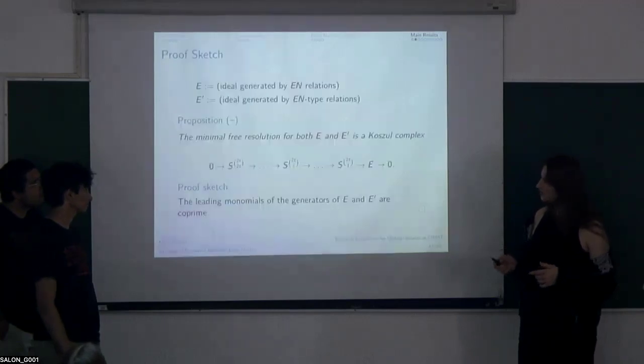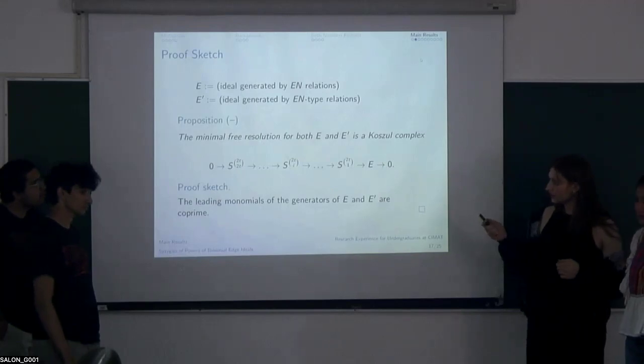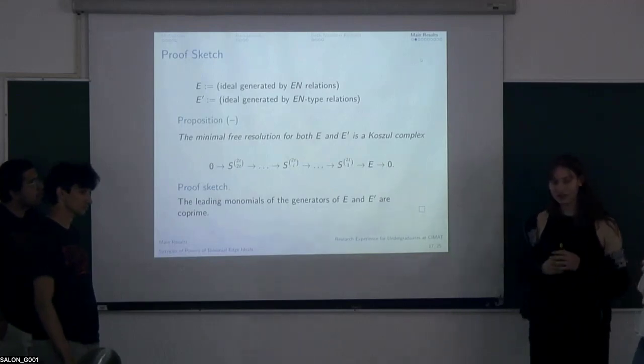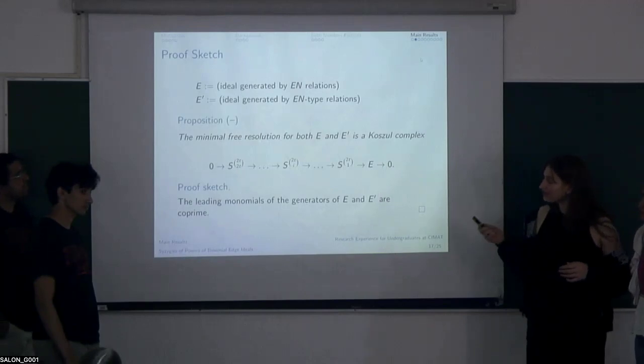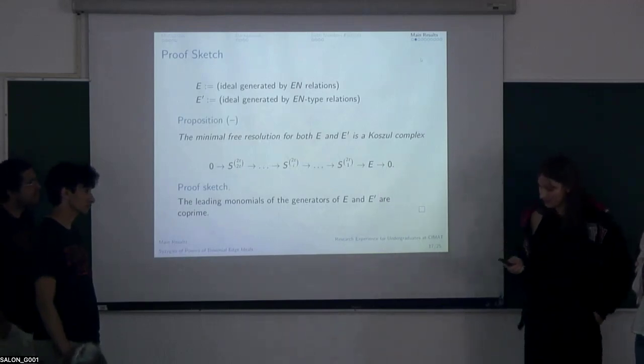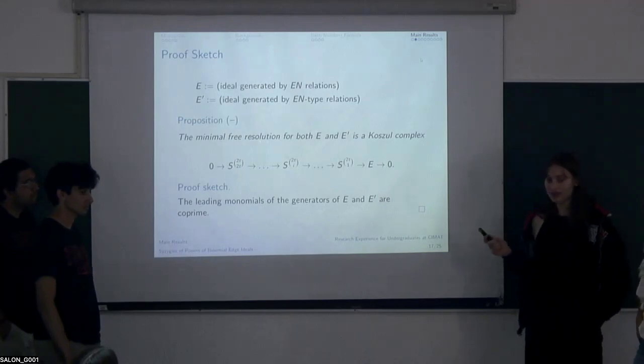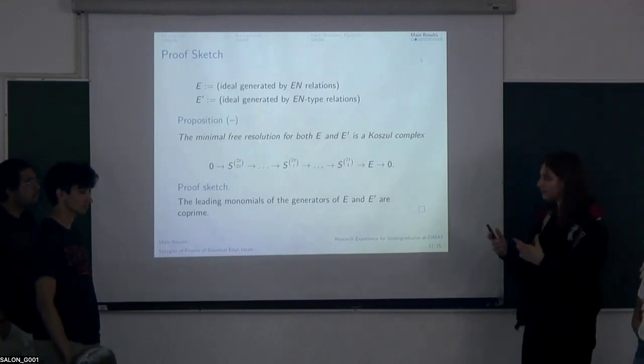And just to give a proof sketch, we have E, which is the ideal generated by Eagon-Northcott relations, and then we have E prime, which is the ideal generated by Eagon-Northcott type relations. We showed that for both E and E prime, their minimal free resolution is a Koszul complex, and the resolution is in fact the same.